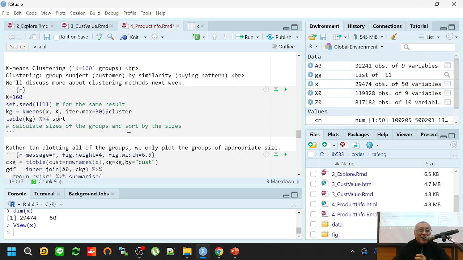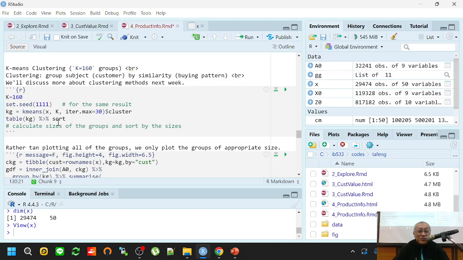So it will have some random element in this method. If I want every classmate to have the same result, I need to set a seed, right? So you can ignore this line of code. It doesn't matter too much.